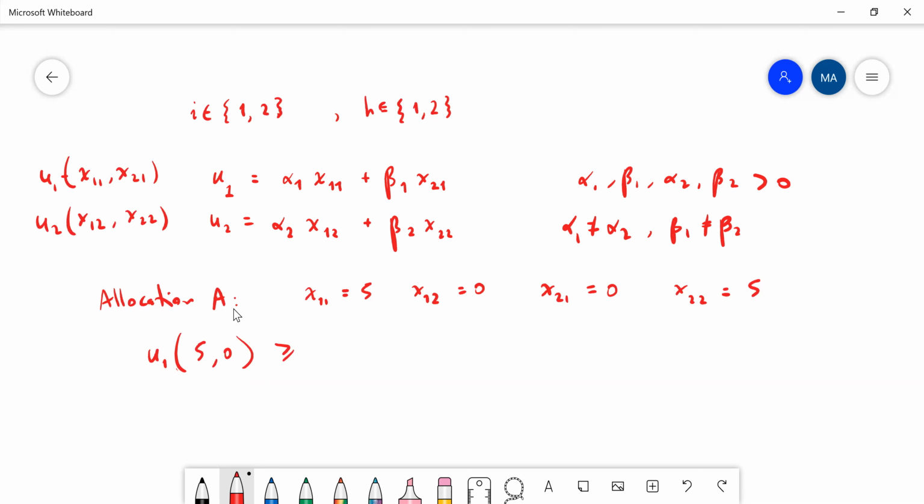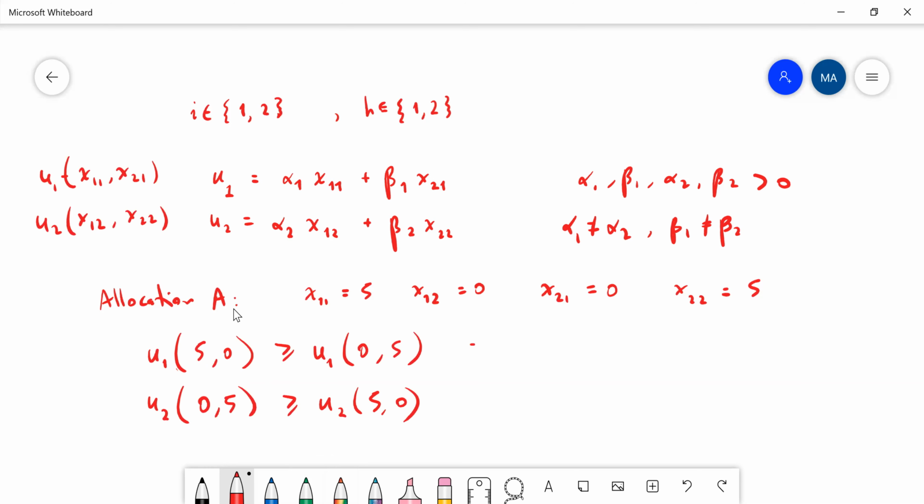This must be greater than or equal to U1, x12, which is 0, x22, which is 5. I must have U2 of (0, 5) greater than U2 of (5, 0).